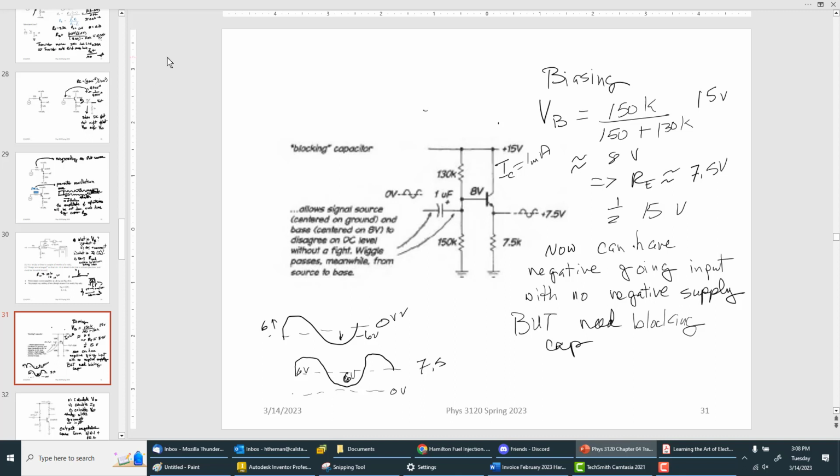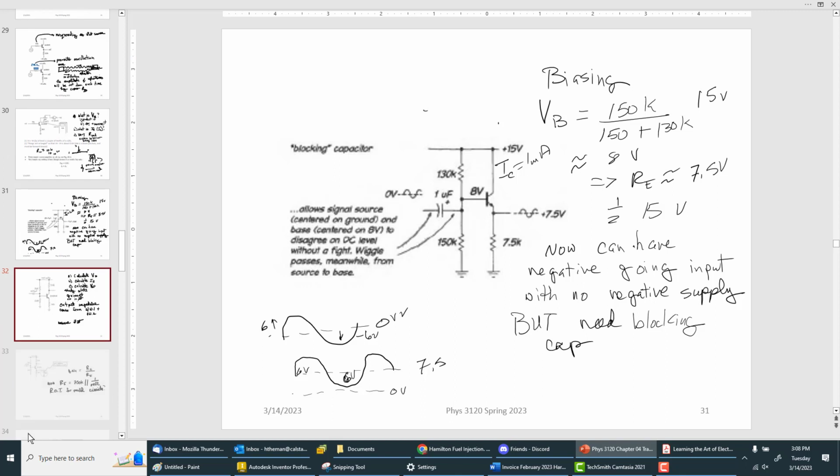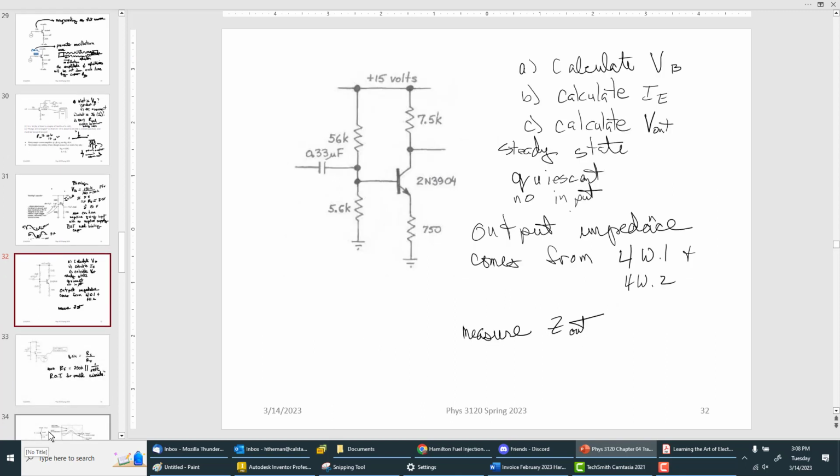So now the next thing that you're asked to do is to build this common emitter amp. To help you through it, I'm asking you to calculate the voltage at the base, which is basically the voltage divider.